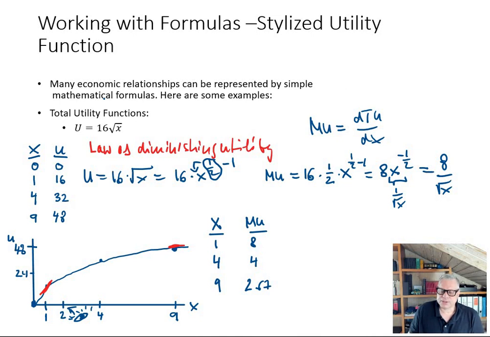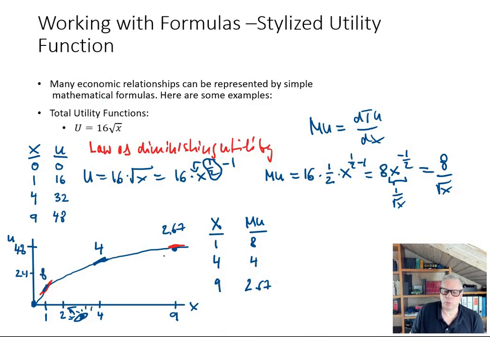What those values tell you is that at 1, the slope at this point is actually 8. At the point of 4, the slope is 4. And at 9, the slope is 2.67. It tells you that if at this point you have a very slight increase of consumption, the extra increase in utility would be roughly that increase multiplied by 2.67.